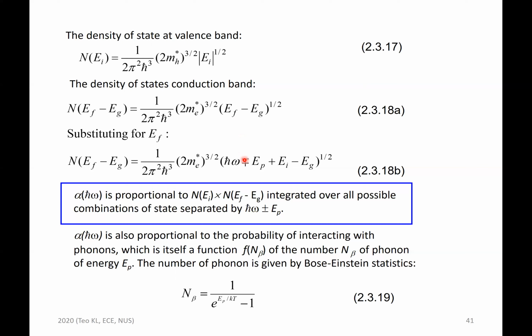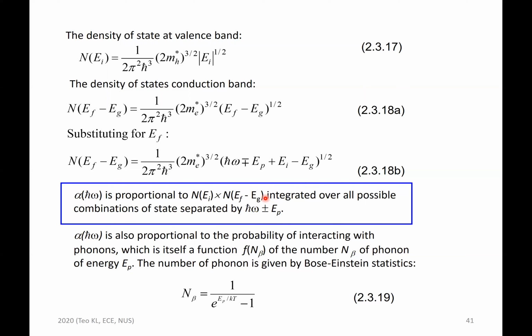So the absorption coefficient will be proportional to the initial density of state multiplied by the final density of state, and then you integrate over all possible combinations of state due to the emission or absorption of phonon.